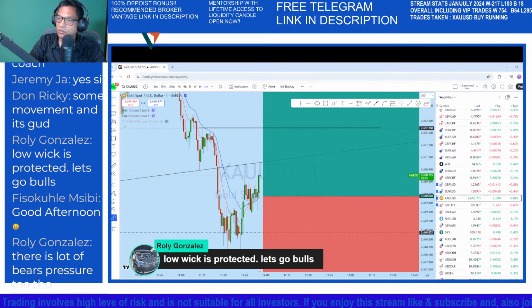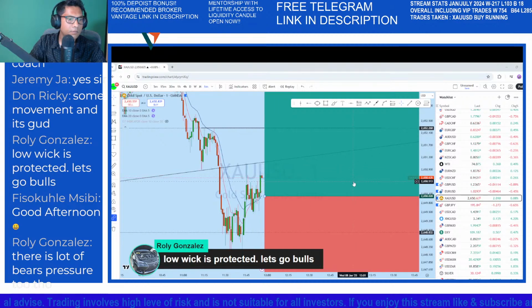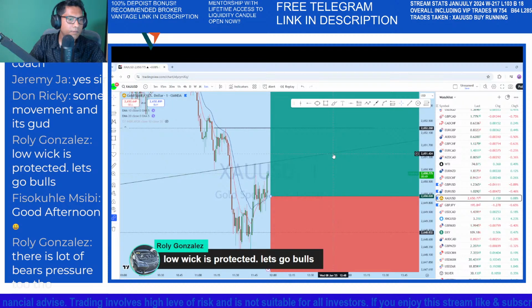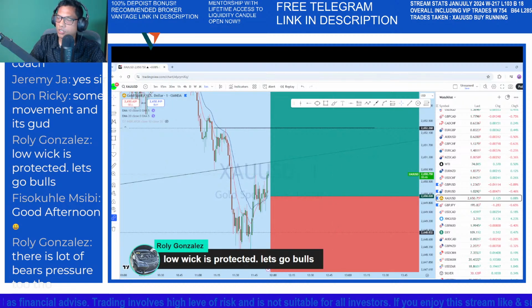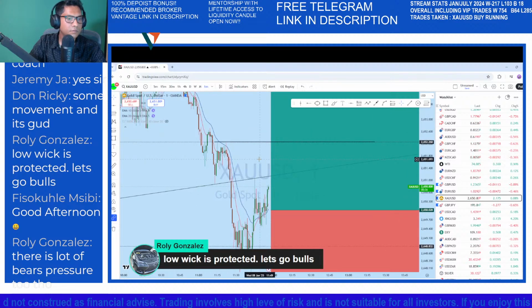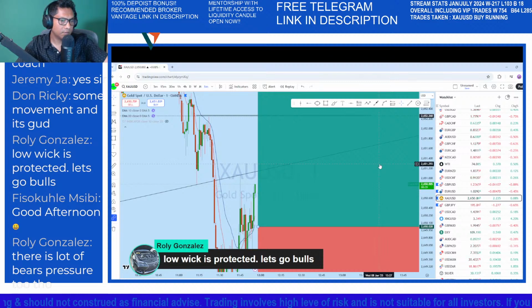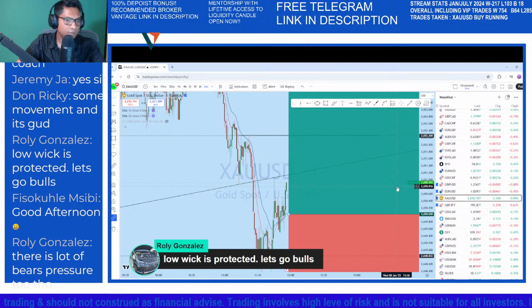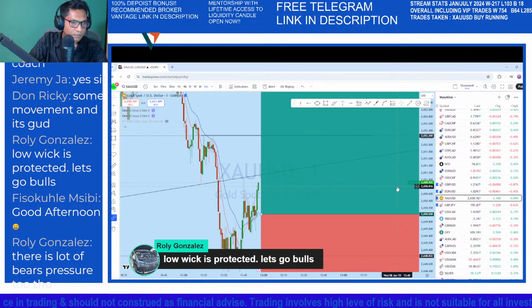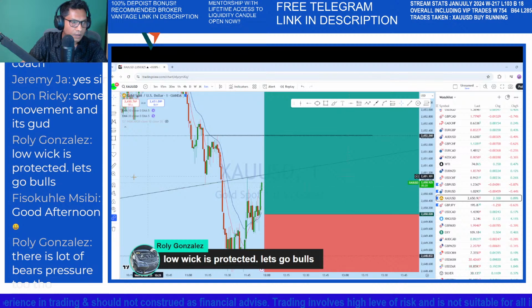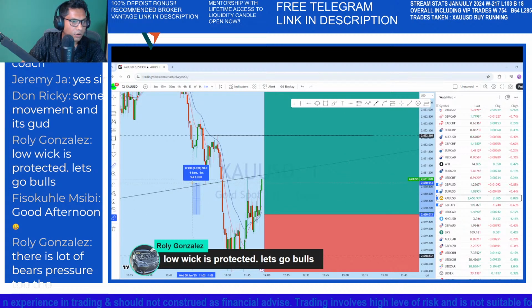A very strong bounce. So far in the direction that we expected, and so we are up for almost 10 pips. So want to see that breakout.